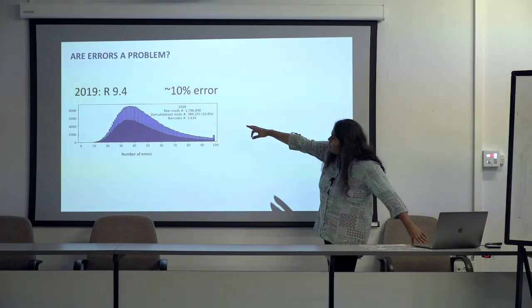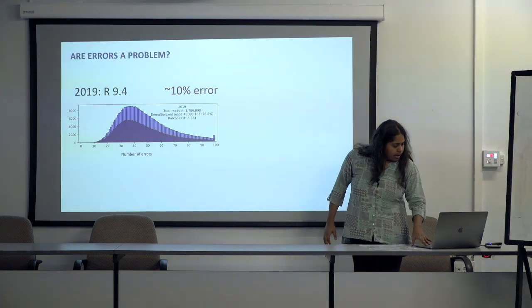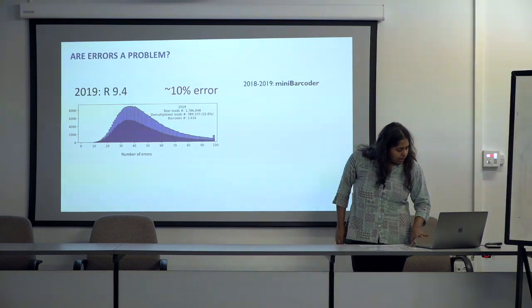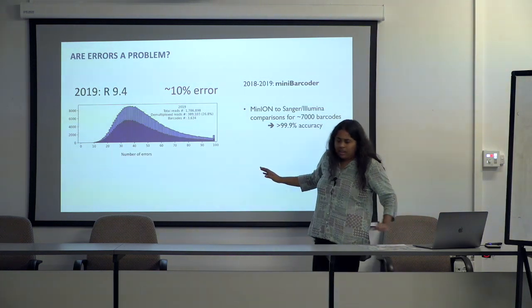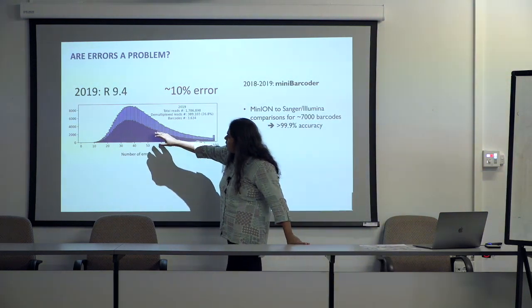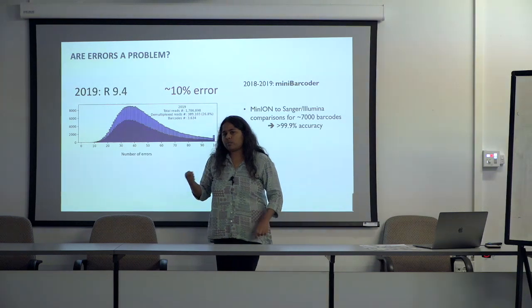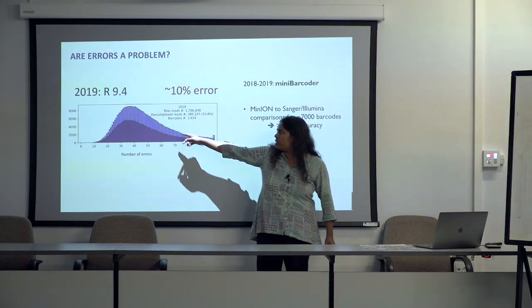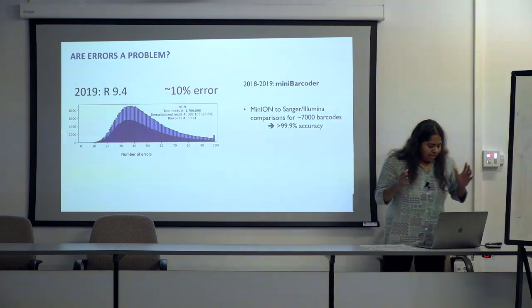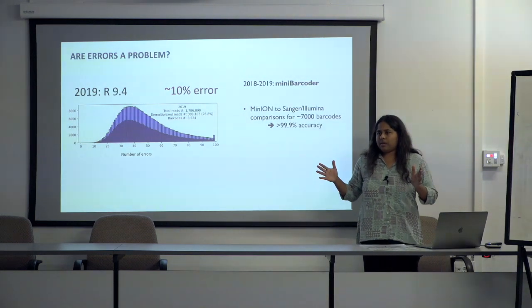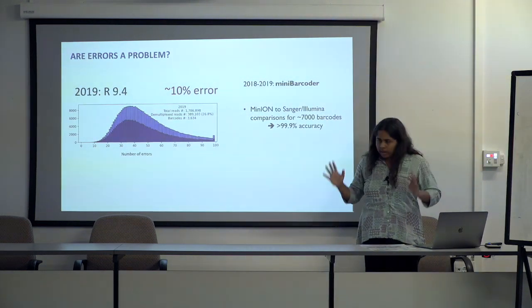This data set is about 3,600 barcodes, and you can see it's about 10% error. The dark blue is if you allowed for one base pair error in the tag, and light blue is two base pair errors in the tag. So it was not a demultiplexing issue causing this. It's clearly an error profile.